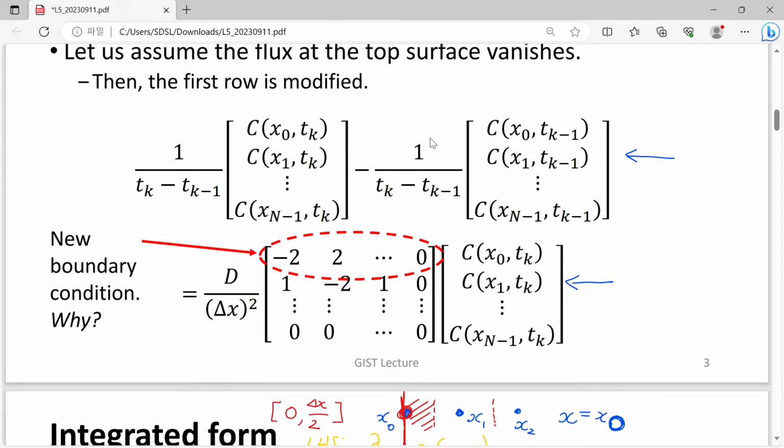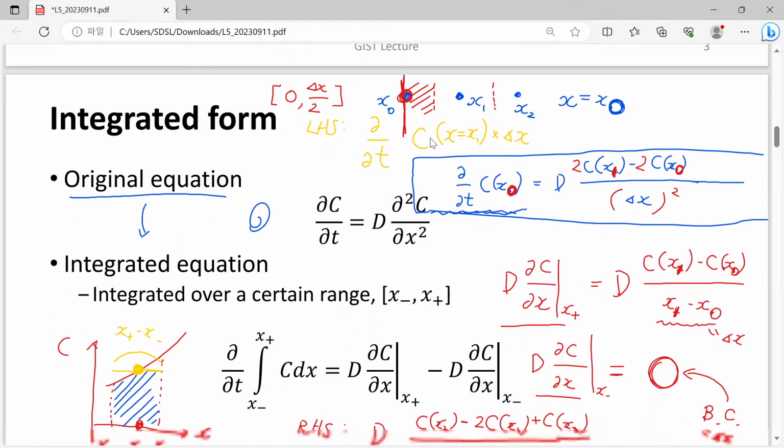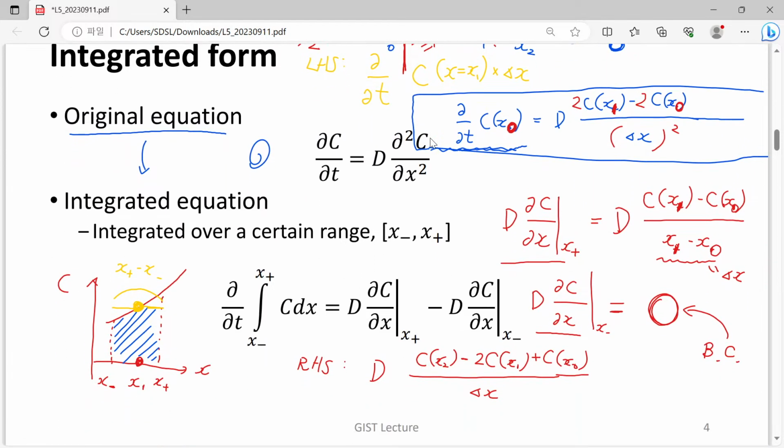Okay, so please take your time to think about all of this procedure. By taking this quite general and systematic way, we can easily apply the boundary condition into our system. So it looks quite good and sounds great.